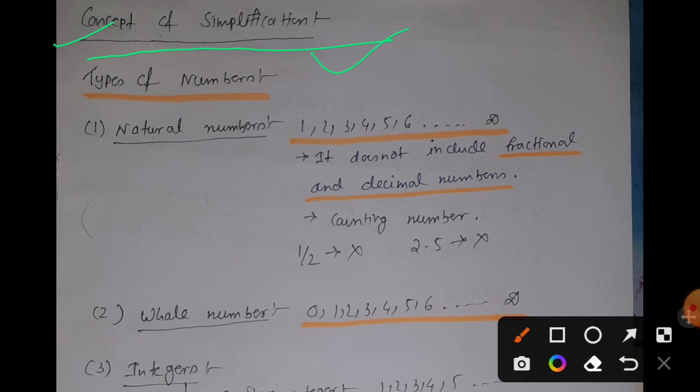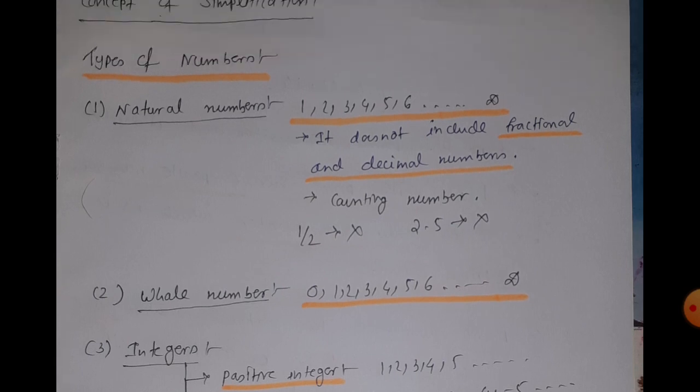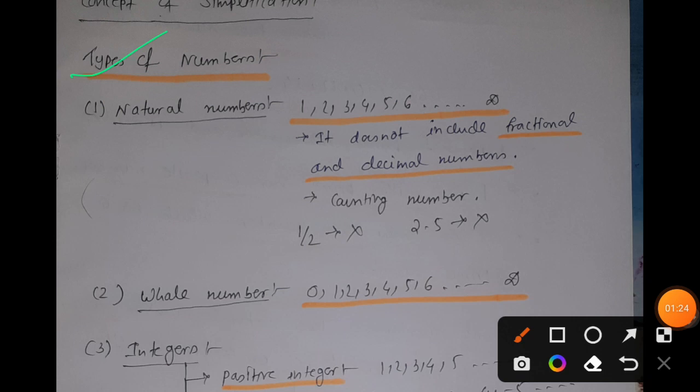So in this playlist, the first couple of videos will be all about the different concepts that you need to know to do simplification very fast. Then we will do some exercise questions too, okay? So let's start. This first video of simplification concepts is about numbers, types of numbers.